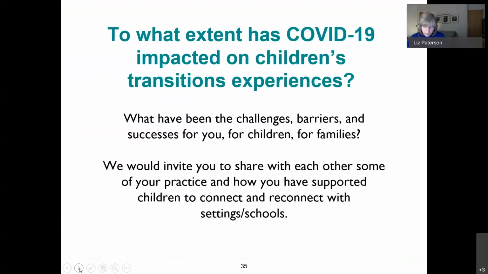So, over to me again to say it's time for you to do a wee bit of work too. We would like you to consider in your group to reflect and discuss the challenges, barriers, successes of facilitating transition so far within this current situation.